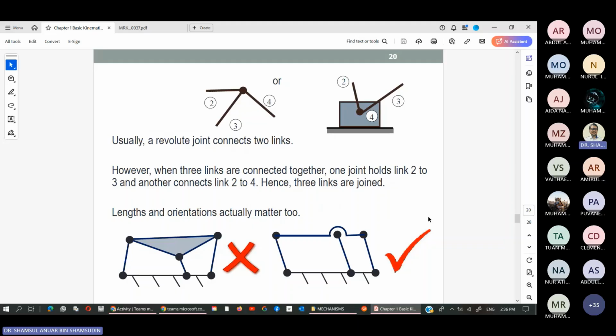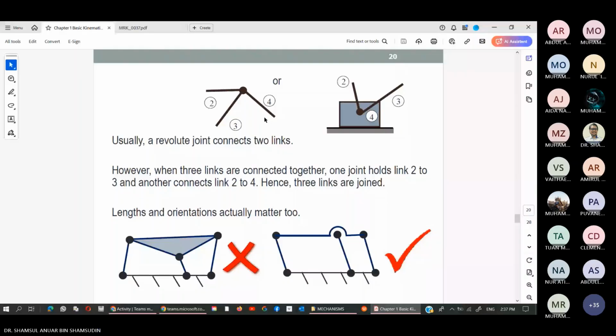All right, on this page 20, sometimes when we do the kinematic diagram, we can simplify things, like this one, and at the same time also connected link 4.